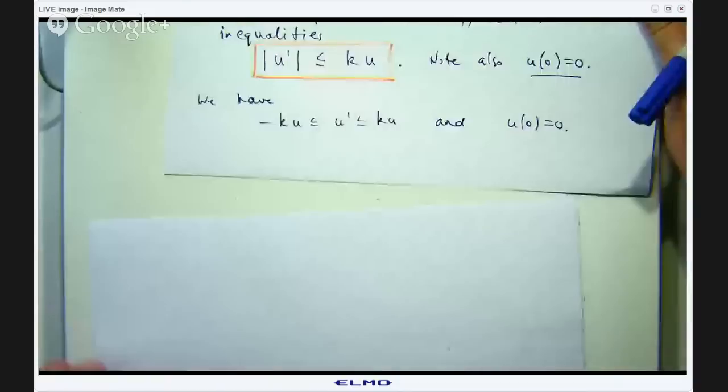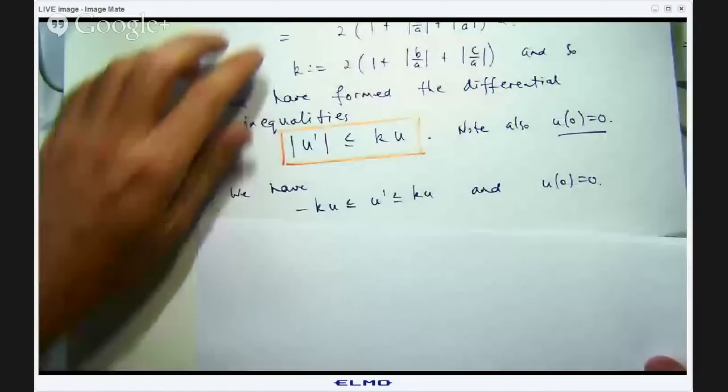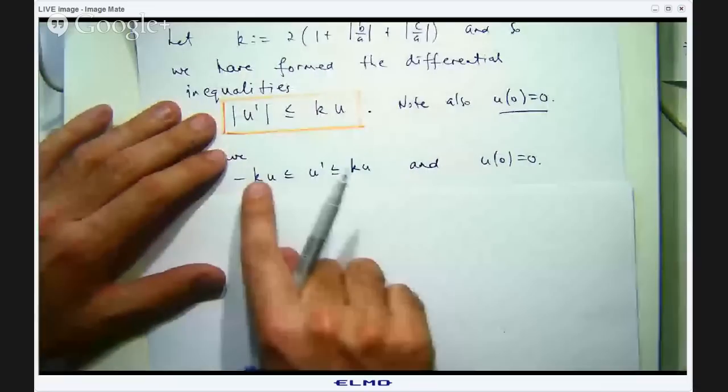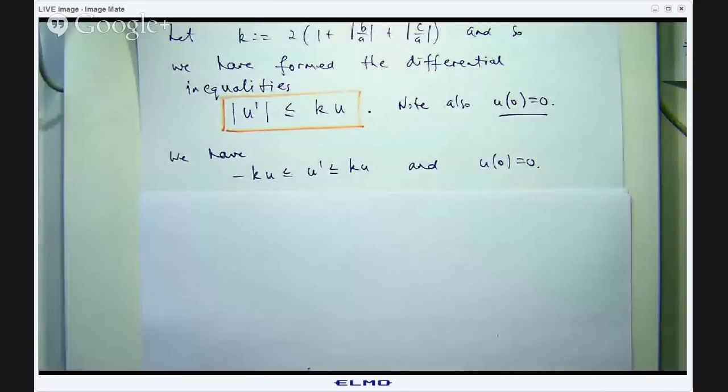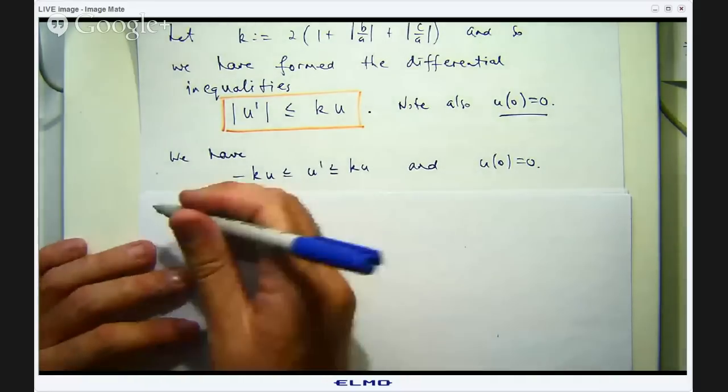So let's see if we can do that. And you would solve these things, and I use solve in the very loose sense, the same way you would solve any first order ordinary differential equation. You would use an integrating factor.